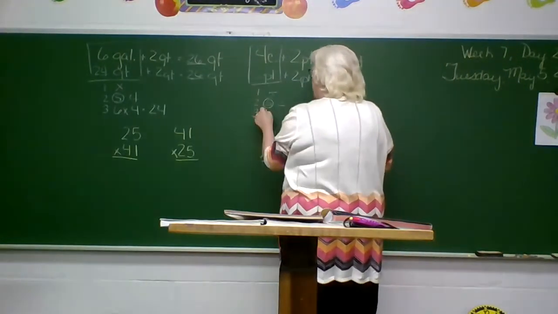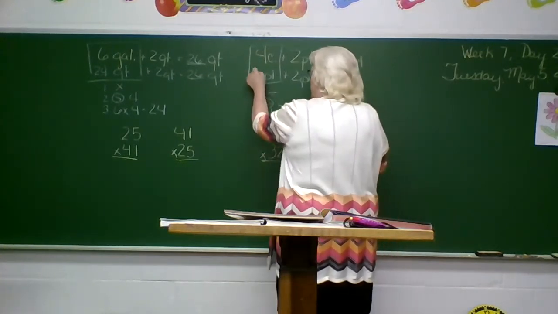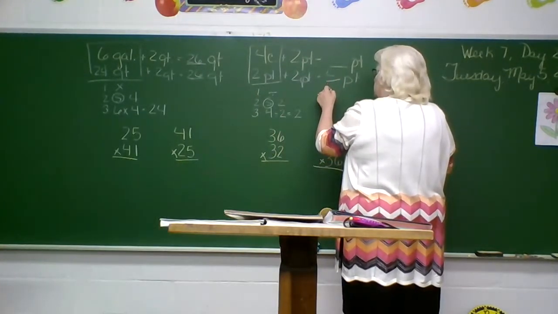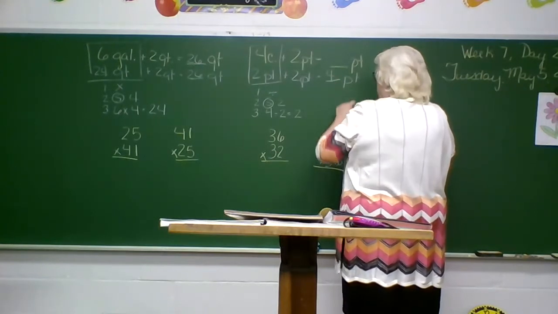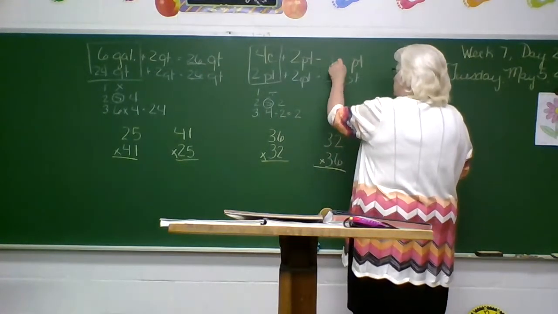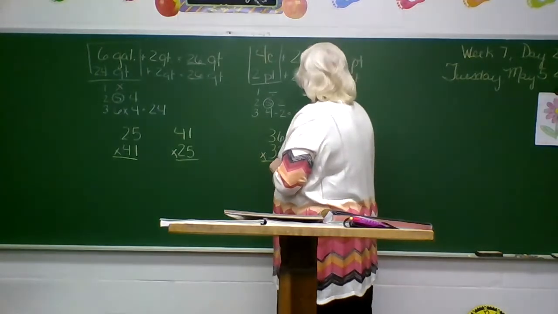So we're going to be dividing 4 divided by 2 equals 2. 2 pints plus 2 pints equals, I'm going from cups to pints, divide. 4 pints. 4 cups plus 2 pints equals 4 pints.